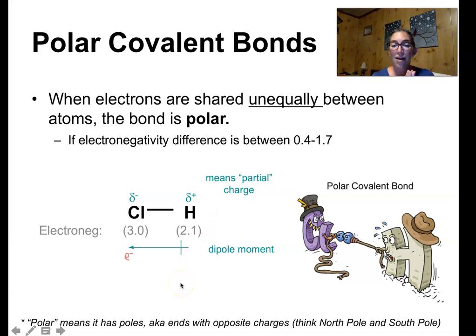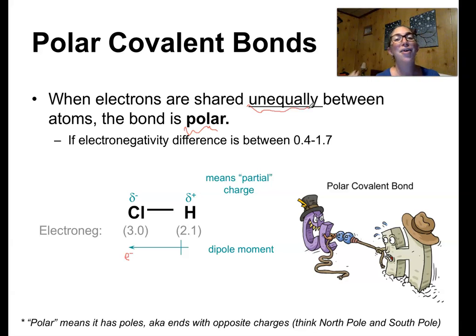So it's polar because it has these two oppositely charged poles. That's why we call it polar. Now what can be kind of counterintuitive is that polar is shared unequally and nonpolar is shared equally.